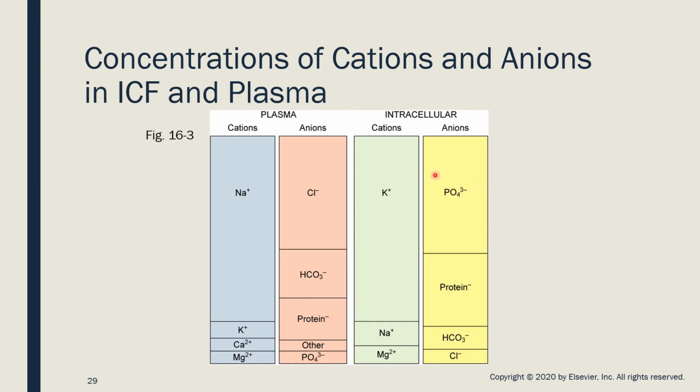But in the intracellular side, you will see the majority is potassium, as you can see in here. Okay, and a little bit of sodium, magnesium, some phosphate, a little bit of protein, bicarb, and chloride.